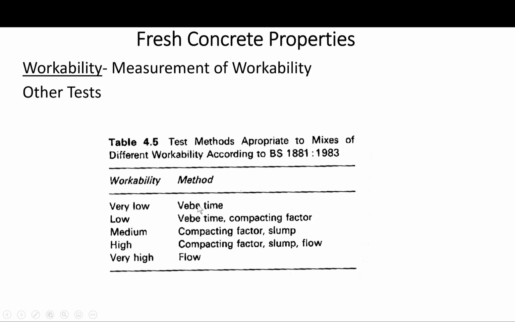If we have very low workability, we use the VB time; low, the VB time or the compacting factor; medium, compacting factor or slump; high, compacting factor, slump or flow. For very high, of course, we use the flow, we do not use the slump. For high performance concrete mixes or self-leveling concrete, for example, we do not measure slump, we measure something called flow.